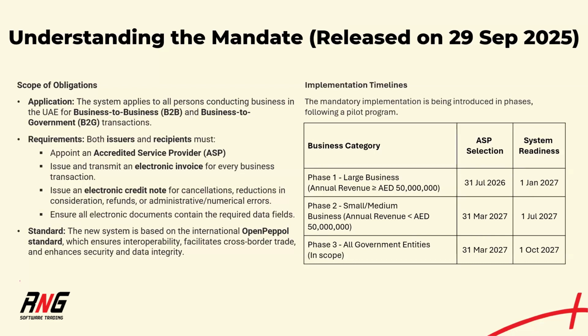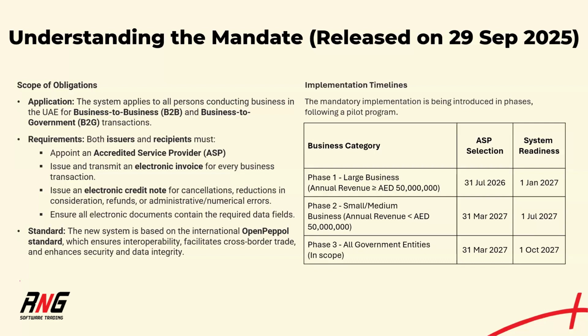So as you can see, the timeline is all going to be in 2027, but at the same time, you need to be ready with the ASP selection, and your system should be ready. For customers above 50 million, it's 31st July. For small and medium businesses with less than 50 million, it is 31st March. And for all government entities, it is 31st March 2027. So these are the timelines of the e-invoice ASP selection and the system readiness.